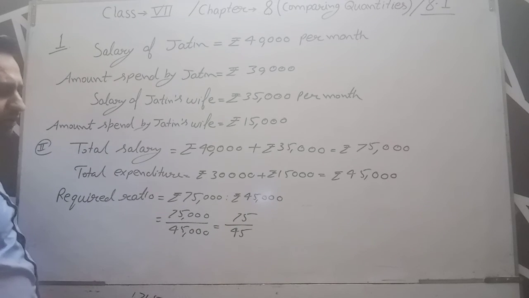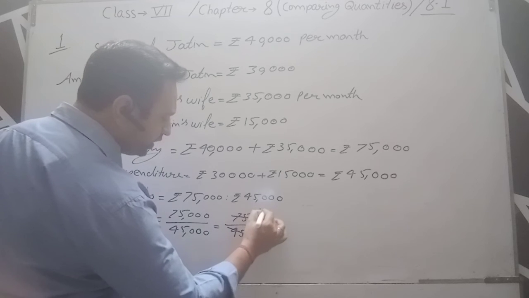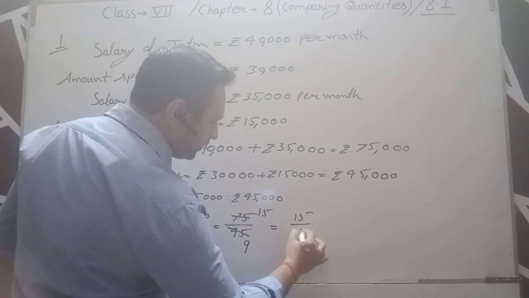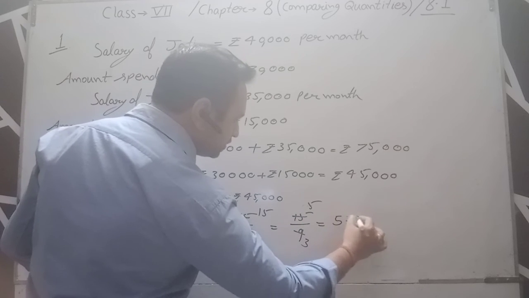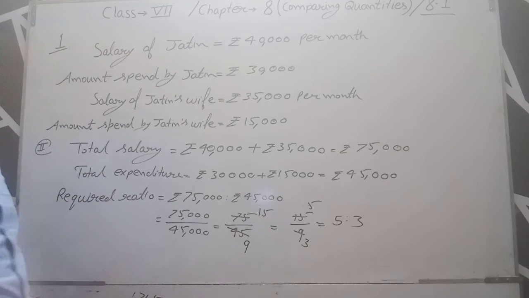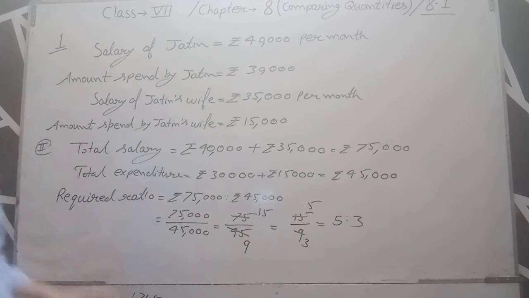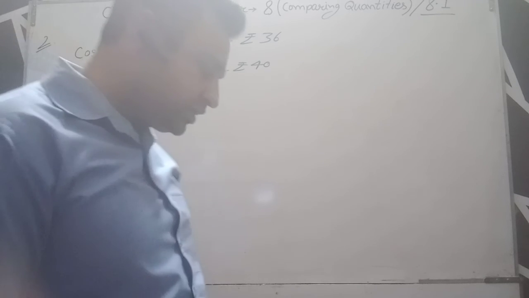Both are divisible by 5. 5 fifteens are 75 and 5 nines are 45. 15 upon 9, both are divisible by 3 again. So the required ratio is 5:3. I hope question number 1 is clear. Just note down. Okay students, now we discuss question number 2.